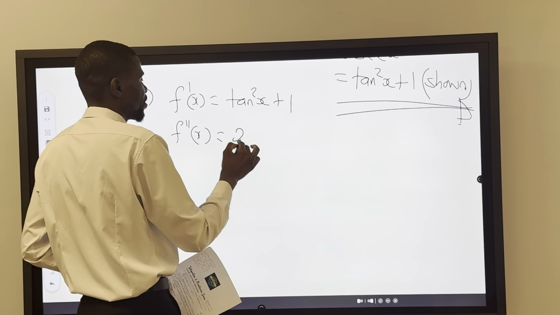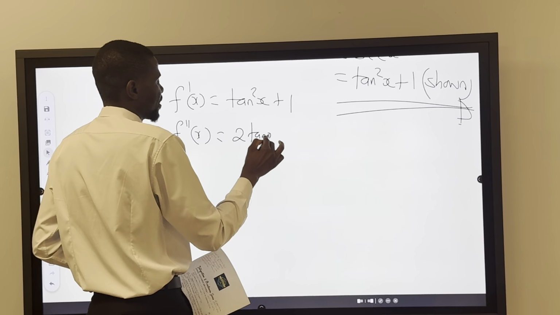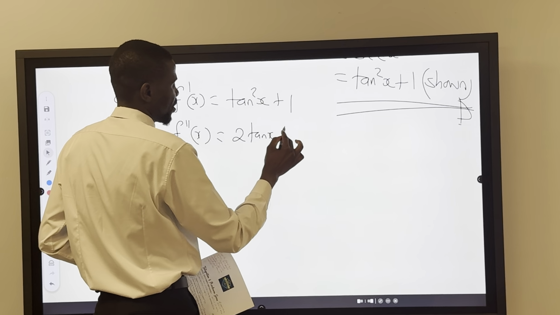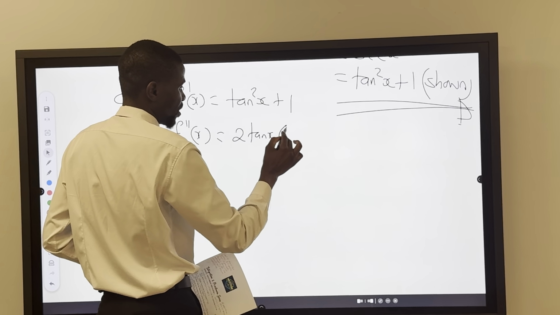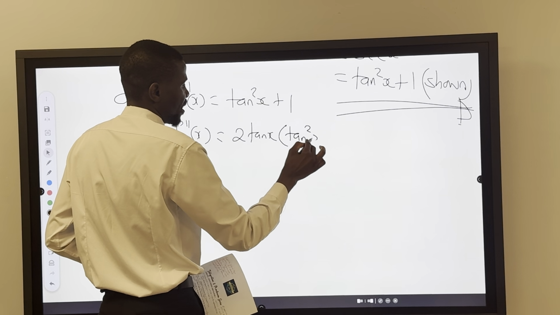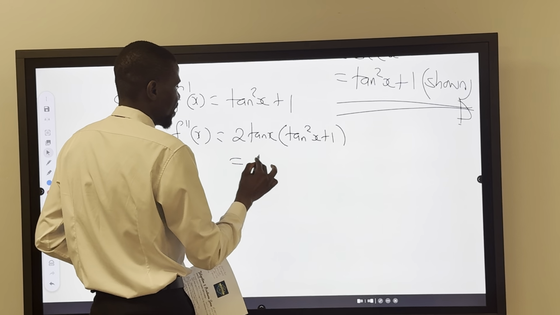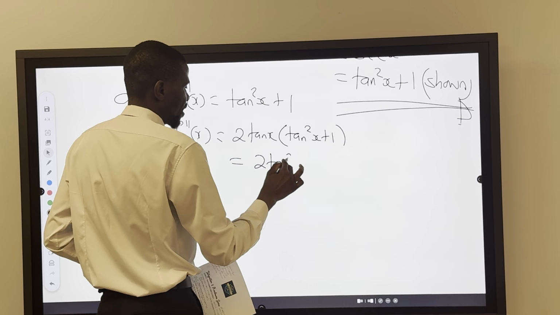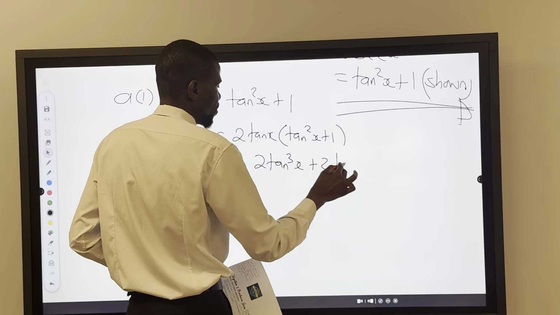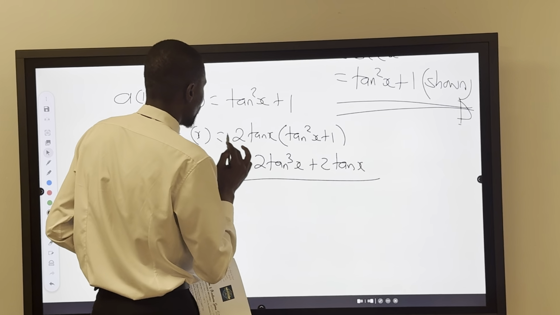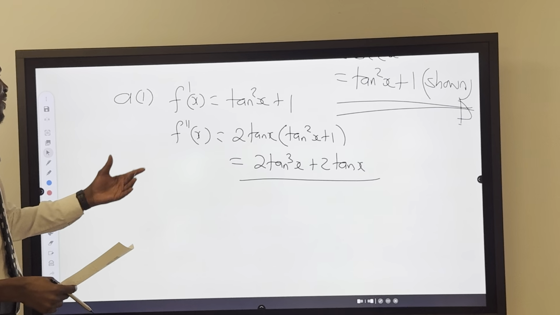So if we drop down, it's going to be 2 tan x. Then if we differentiate tan, we get sec squared x, which is just tan squared x plus 1, which when expanded is 2 tan cubed x plus 2 tan x. So that's the second derivative.